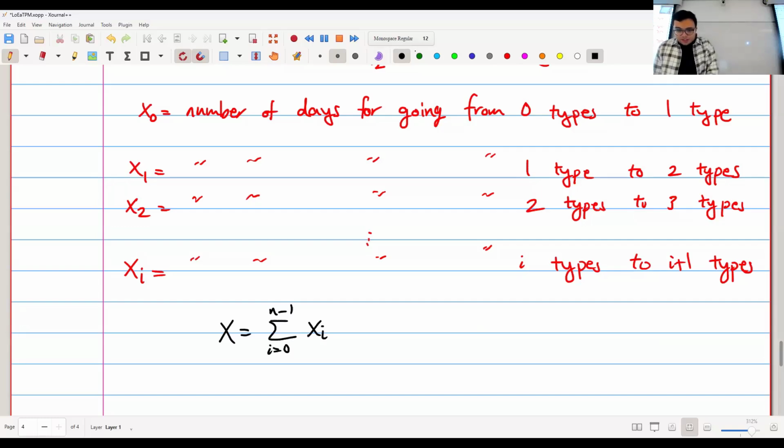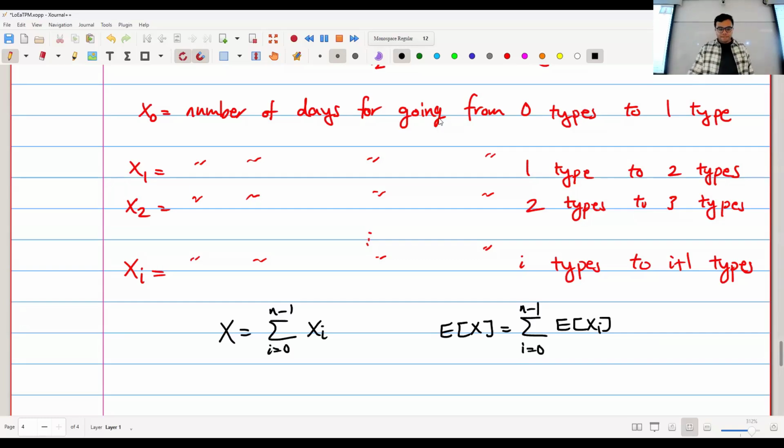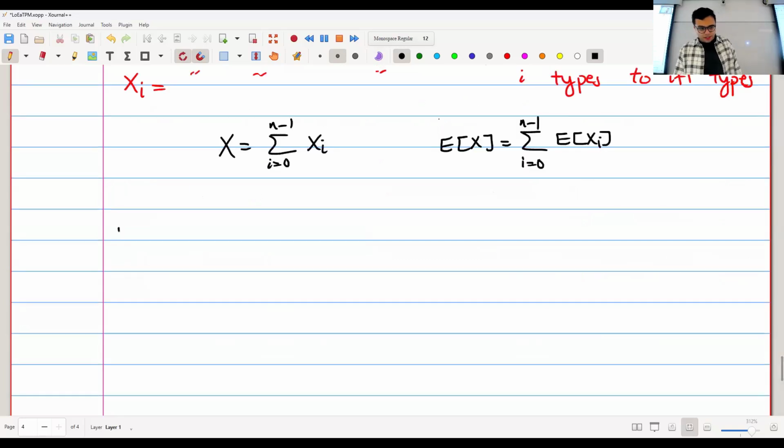Again, I can use linearity of expectation. So the expected value of x is also the sum of the expected values of the xi's, and I remember that my i went from 0 to n minus 1. What is the expected value of xi?